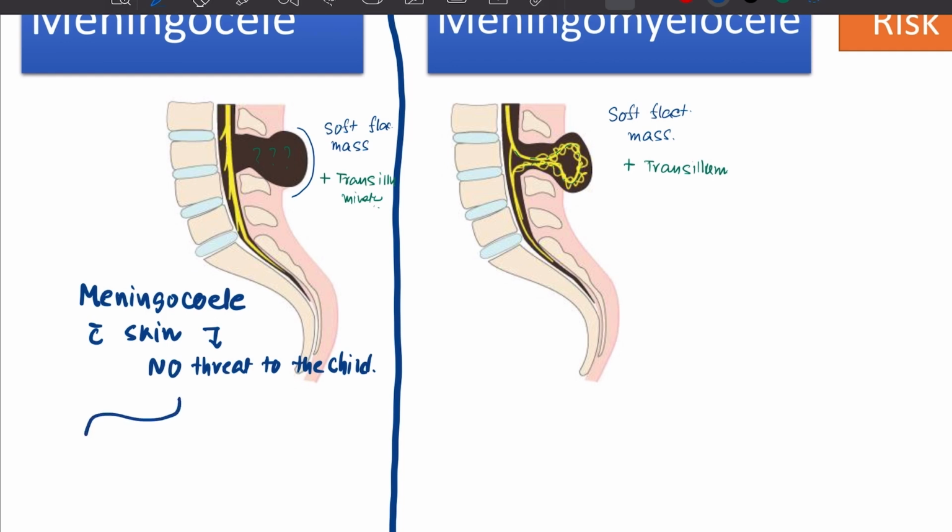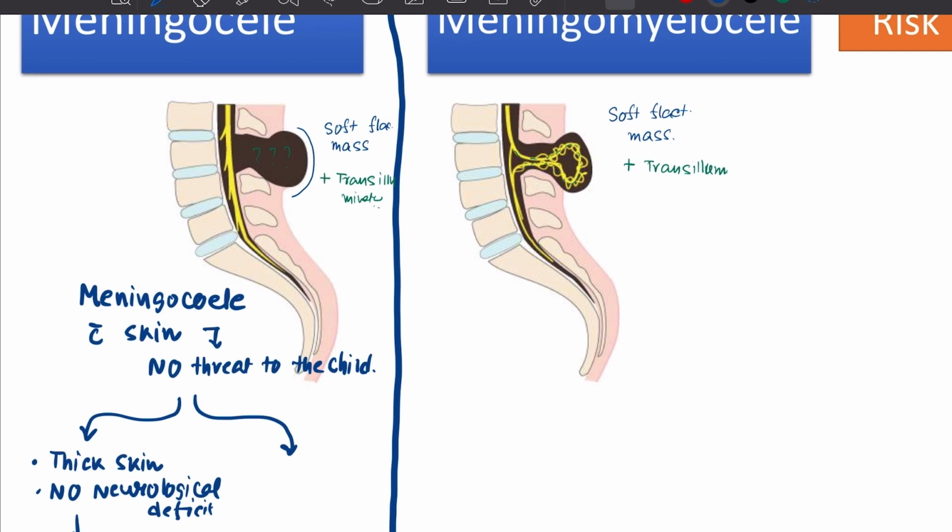Suppose it is covered with thick skin and there are also no associated neurological abnormalities, immediate surgery is not required. Suppose this is covered with thick skin and on examination there is no neurological deficit, no immediate surgical intervention is required.